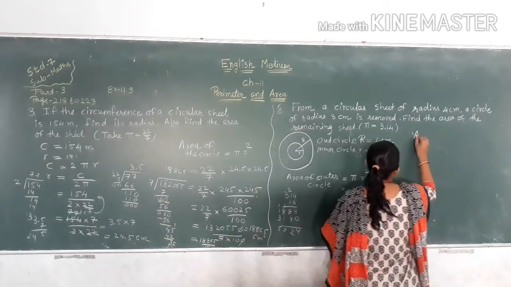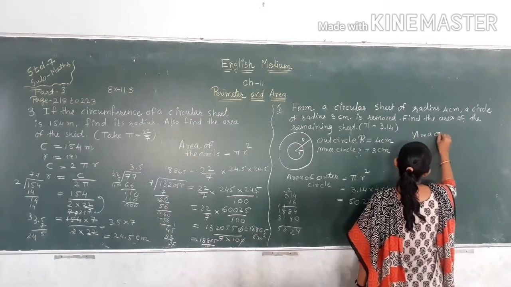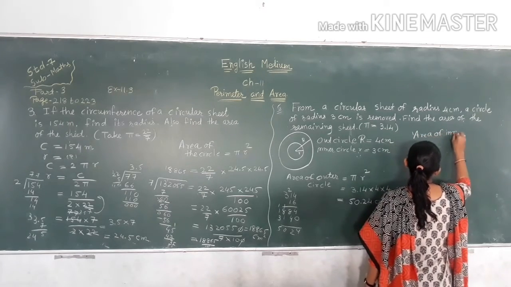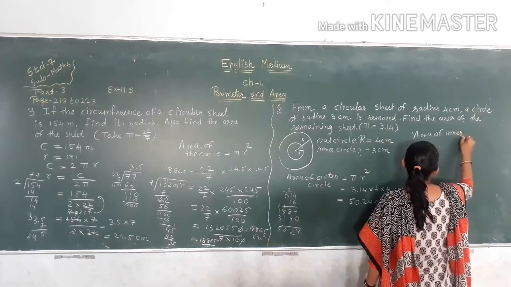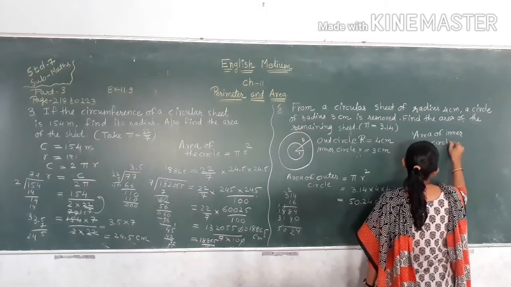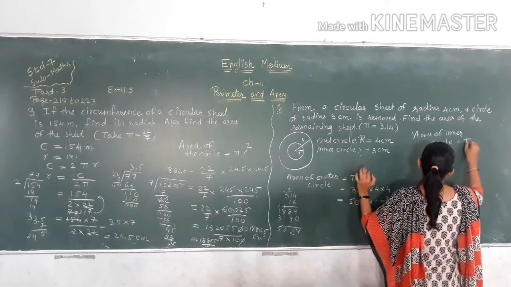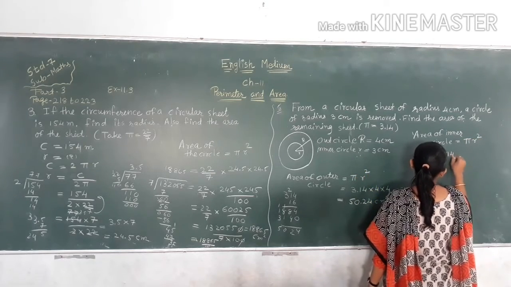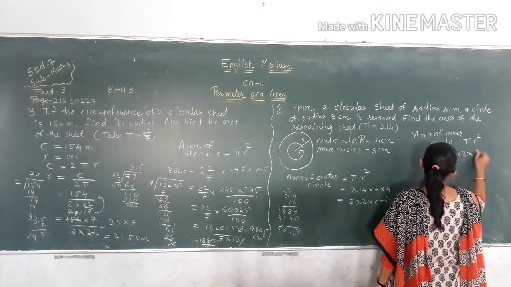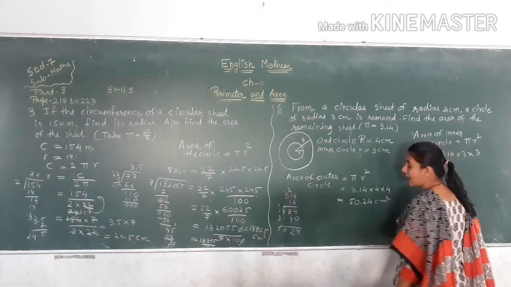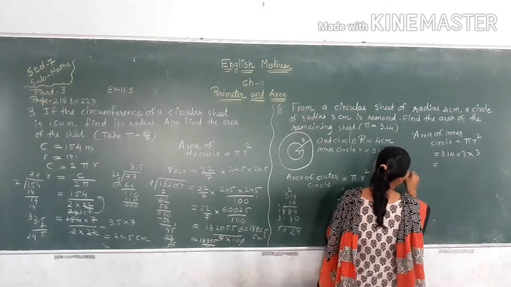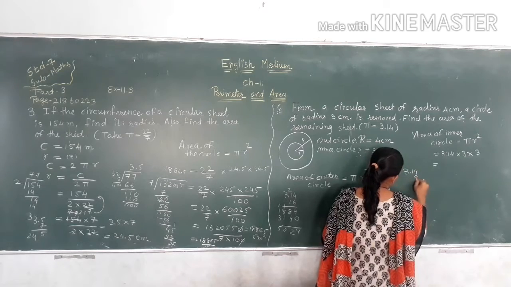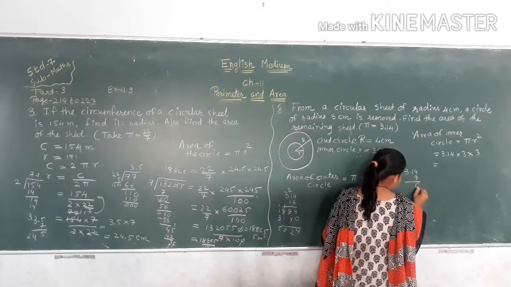Now area of inner circle is equal to pi r square. Pi value is 3.14 multiply 3 multiply 3. So 3 3s are 9. 3.14 multiply with 9. 9 4s are 36.